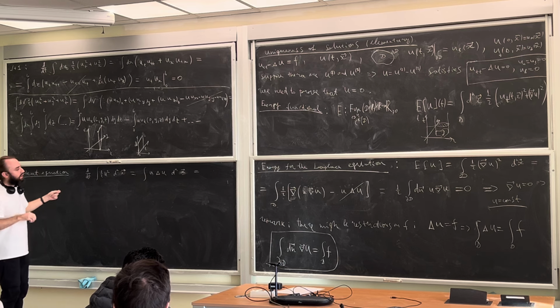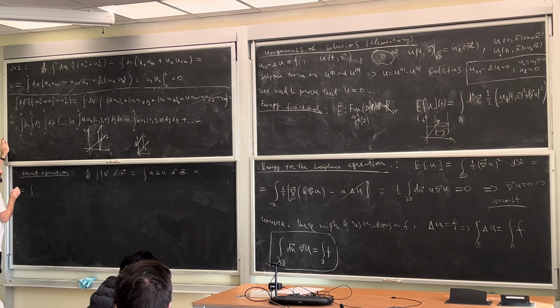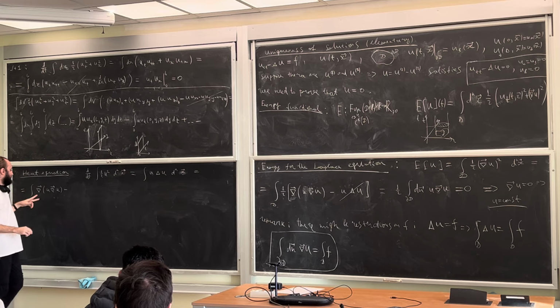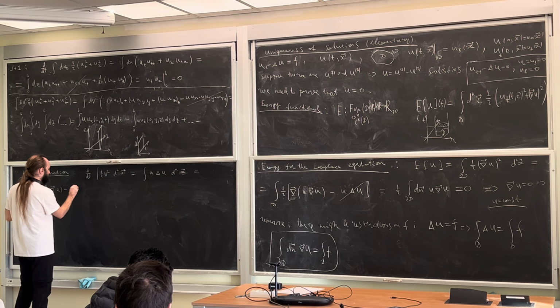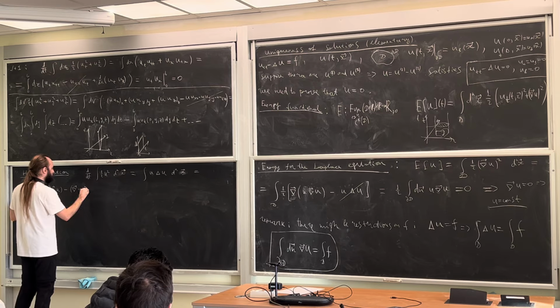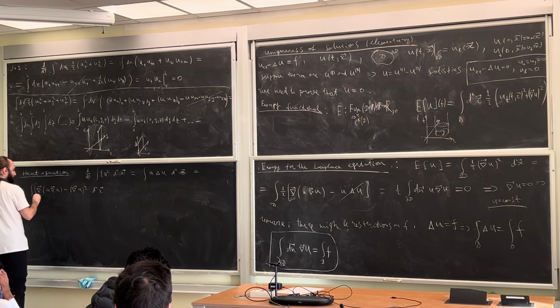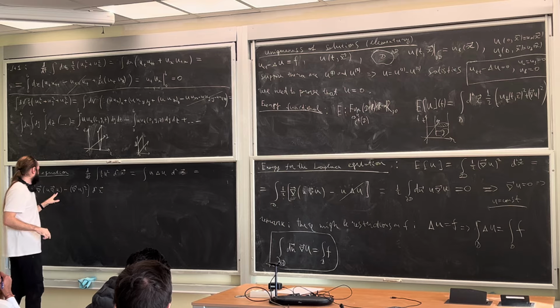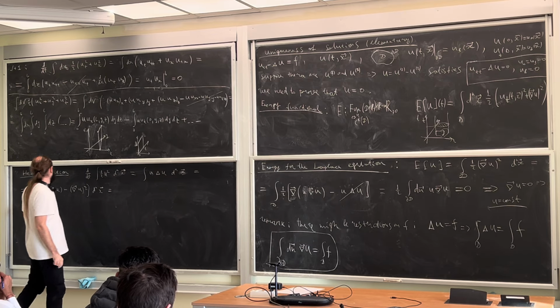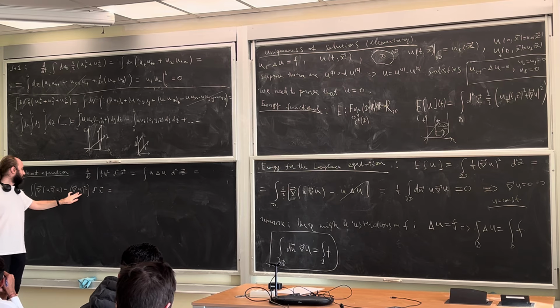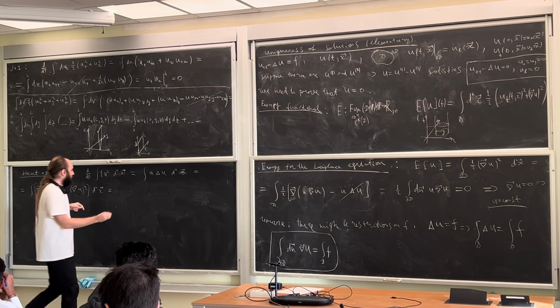So now we want to integrate it by parts back. We write that it is divergence of u gradient u minus gradient of u squared dx. So the first part can be integrated by parts, and the second part stays as is.